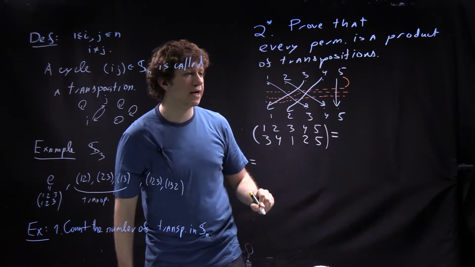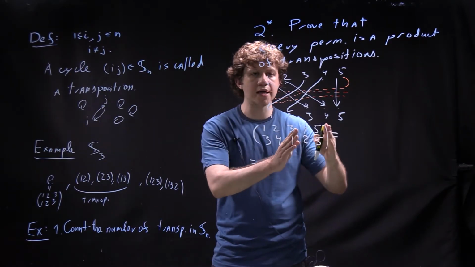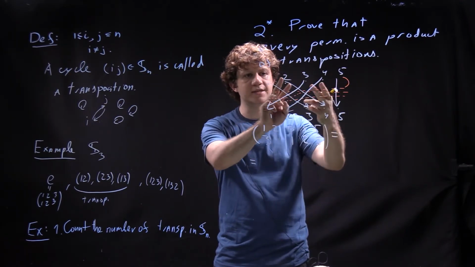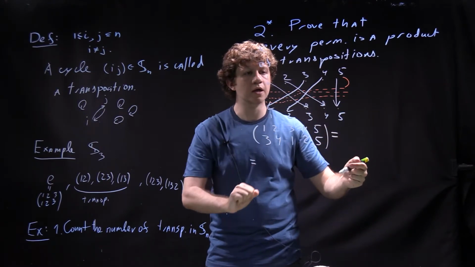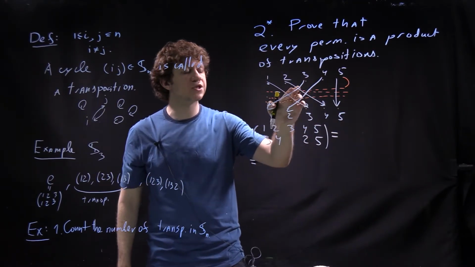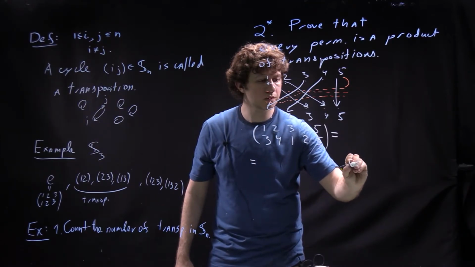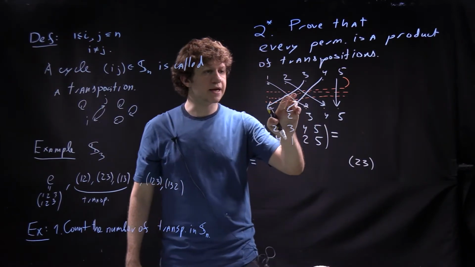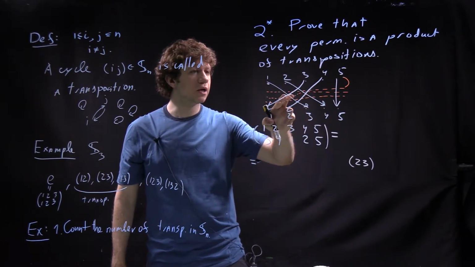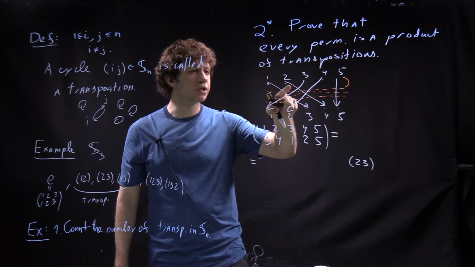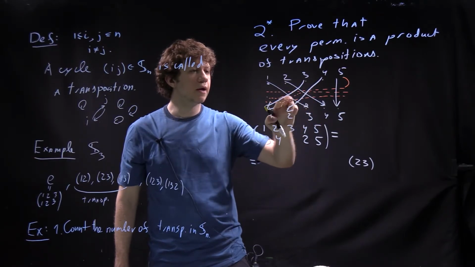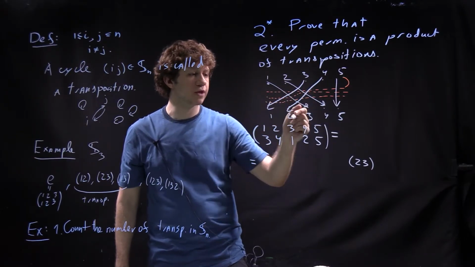But on the other hand, I can say that actually I multiply these transpositions one after another. So at the first moment, I exchange 2 and 3. At the second moment, now my 3 is in position here, 2 is in position here, and I exchange 1 and 3.